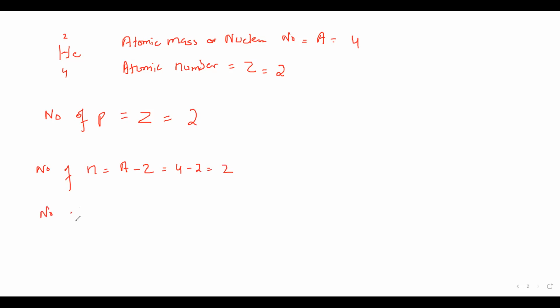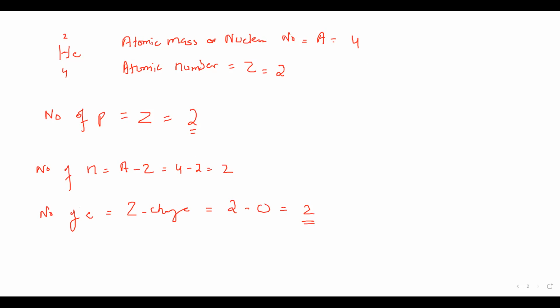And the number of electrons is equal to Z minus the charge. But again, you can see there is nothing written here, so it means it has zero charge. So it will be Z, which is 2, minus the charge 0, so that is 2. And because you have an equal number of protons and electrons, there is no charge on this.